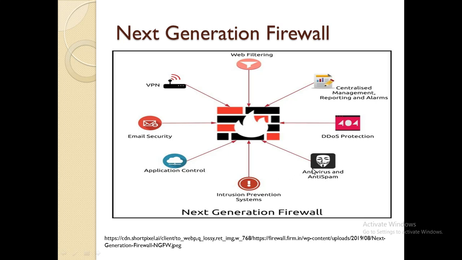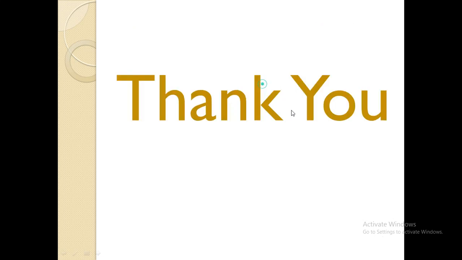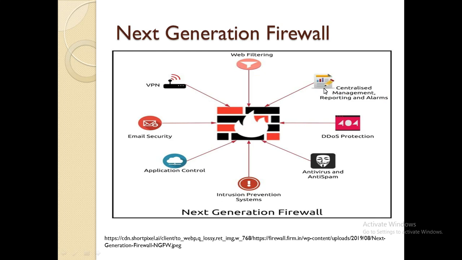Antiviruses are there. Then we find web filtering, VPN, email security, and application control. So various parameters have been added to get more secure communication between our client and the inside or outside network, client and receiver.